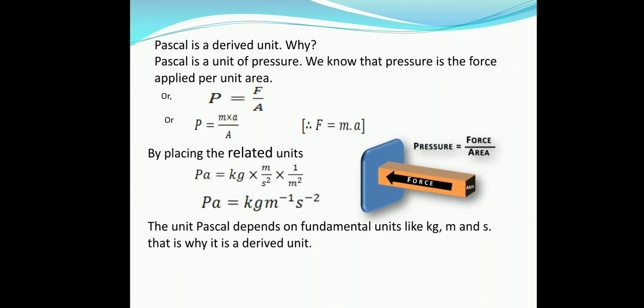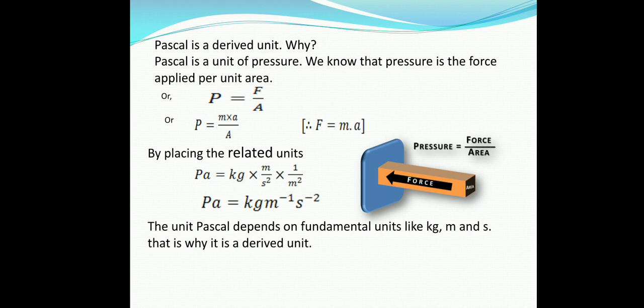Pascal is a derived unit. Why? It is because we know Pascal is the unit of pressure, and we know that pressure is the force applied per unit area. So from the definition, P equals F by A. Again, by using the formula of force, P is equal to M into A by A, where capital A denotes the area.